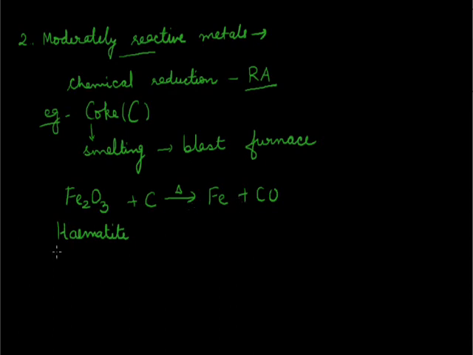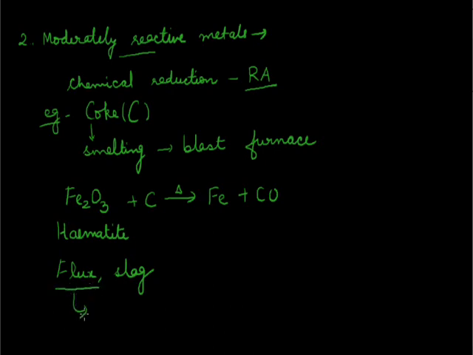Now here two terms are extremely important. One is flux, the other is slag. Now what happens generally is the ore which is being smelted is not 100% pure. It may still contain some impurities, and for the removal of those impurities we add a substance which is known as flux.